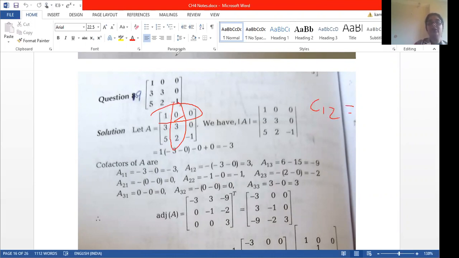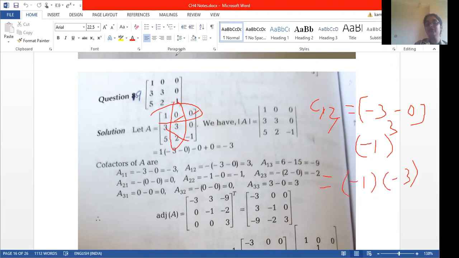C12 will be equal to 3 into -1 minus 5 into 0, times -1 to the power of 1 plus 2, that is 3. That is equal to -1 multiplied by -3, that is equal to plus 3. So this C12 value is 3.